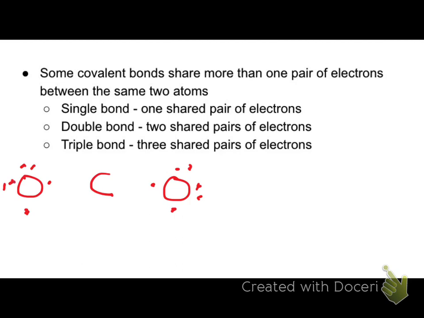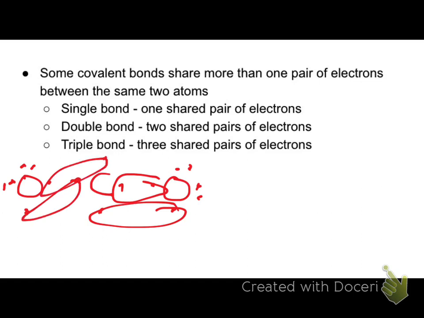And then that carbon, if we look at the periodic table, is in group 14, which means it has 4 valence electrons. So it would just have 1 on each side. So what results is that these guys are going to share 2 pairs of valence electrons with each other and form what we call a double bond.